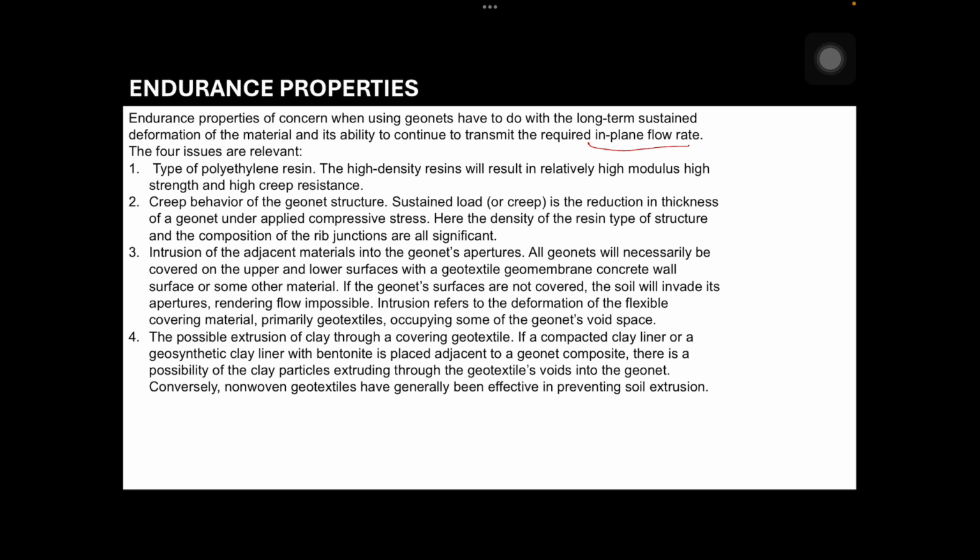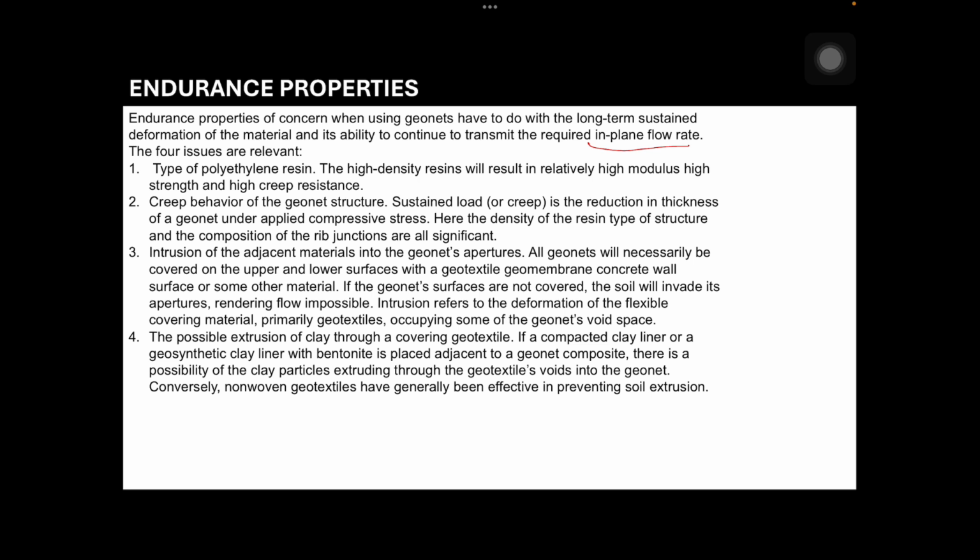Number 2, creep behavior of the geonet structure. Sustained load or creep is the reduction in thickness of a geonet under applied compressive stress. Here, the density of the resin, the type of structure, and the composition of the rib junctions are all significant.